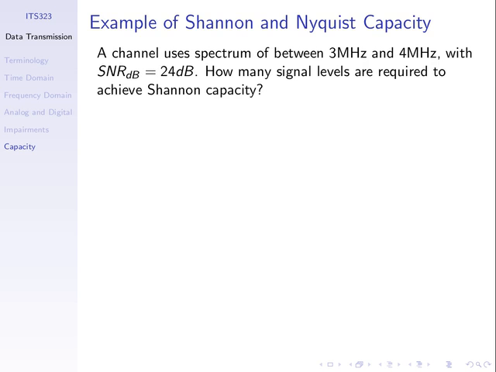That's almost a hint in the question in that it says, how many signal levels are required to achieve the Shannon capacity? What do we know? We know the spectrum. Sorry, 3 megahertz to 4 megahertz.